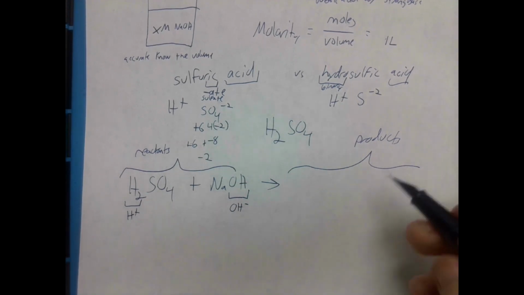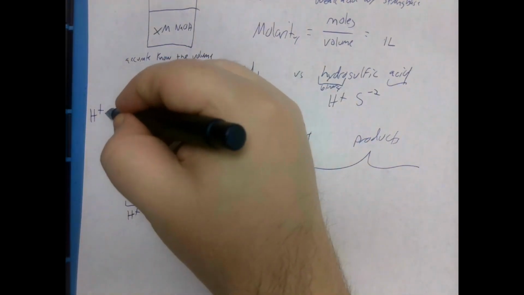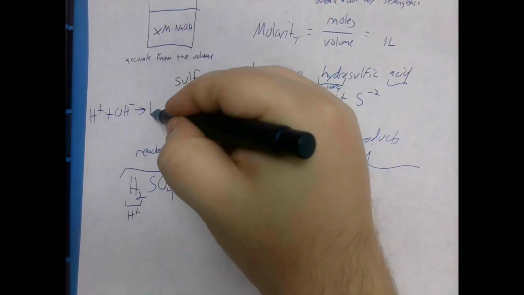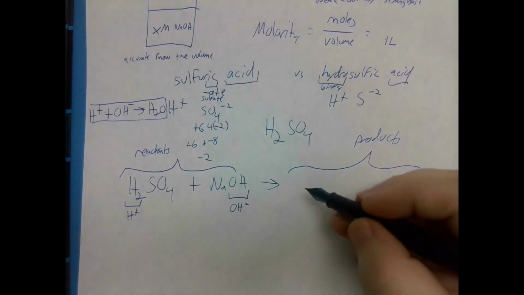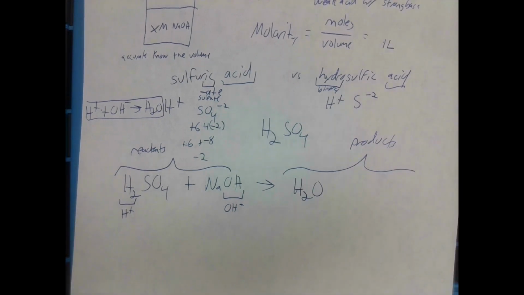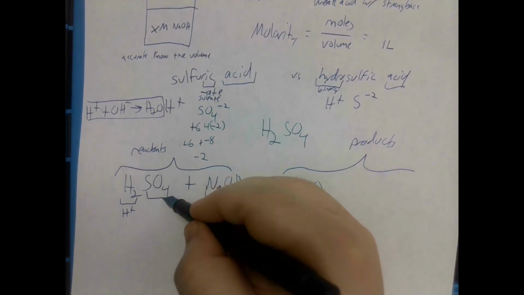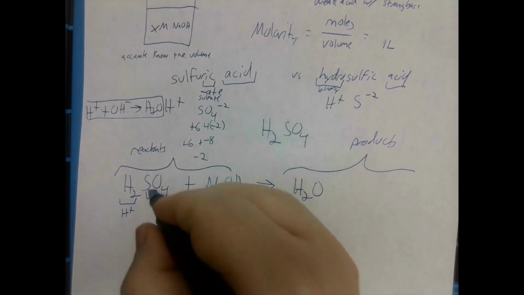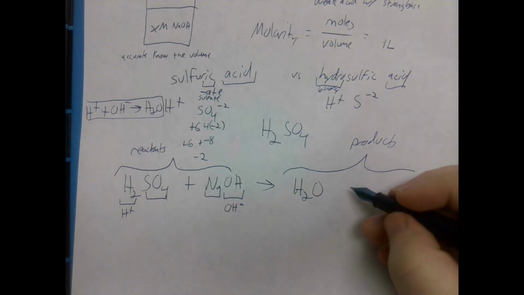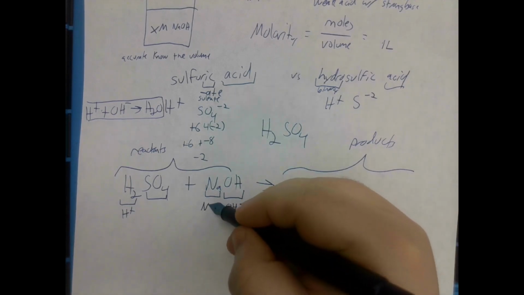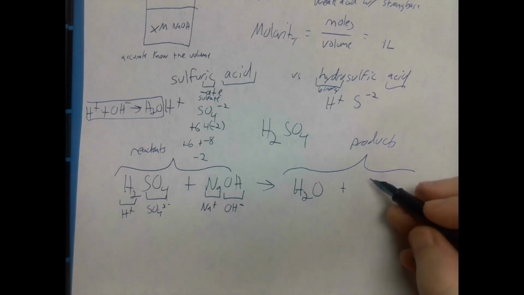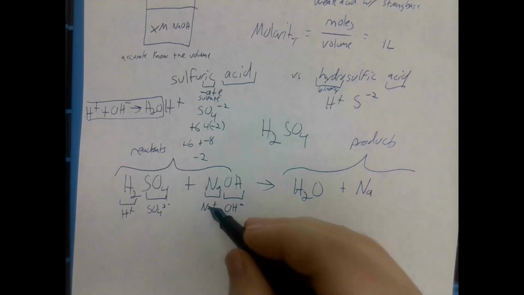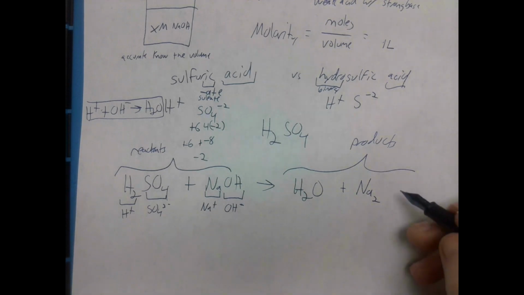H plus and OH negative. That's a very common reaction. That makes water. Have this one memorized. Anytime you see H plus and OH negative, you get water. And the other replacement involves putting sodium with SO4. So we have Na plus and SO4 2 negative, which would be 2 sodiums for every 1 SO4.